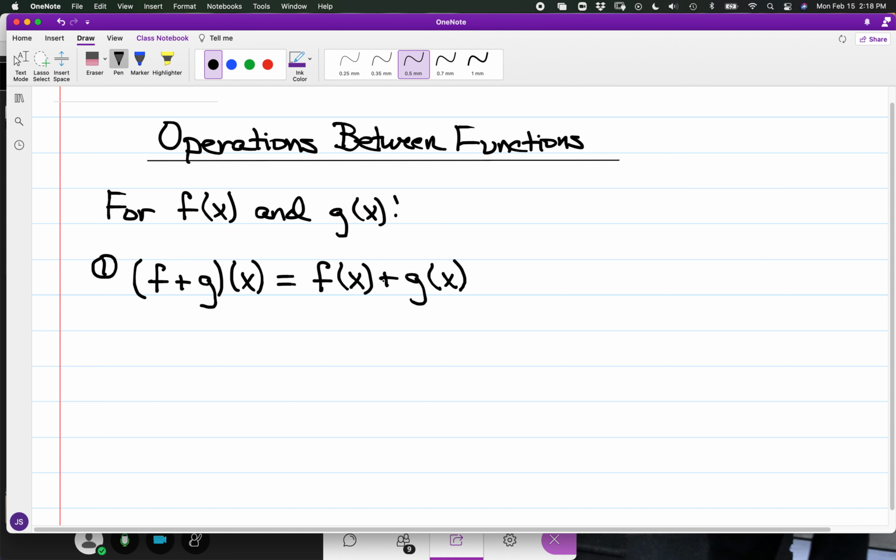The expansion displays the functions in the order that you see them in the compact notation. Like if I had g plus f of x, this will come out to g of x plus f of x. Now for the difference function, we have f minus g of x, and that becomes f of x minus g of x.